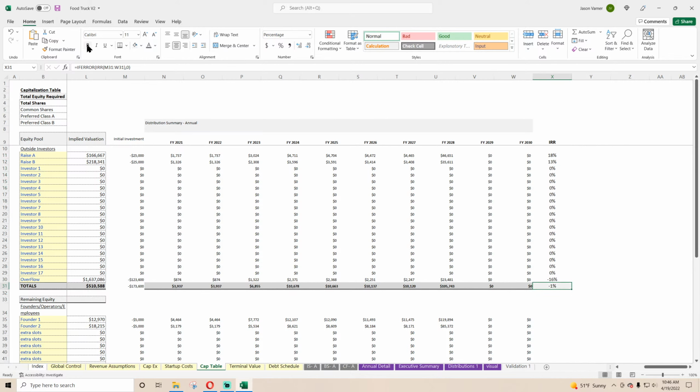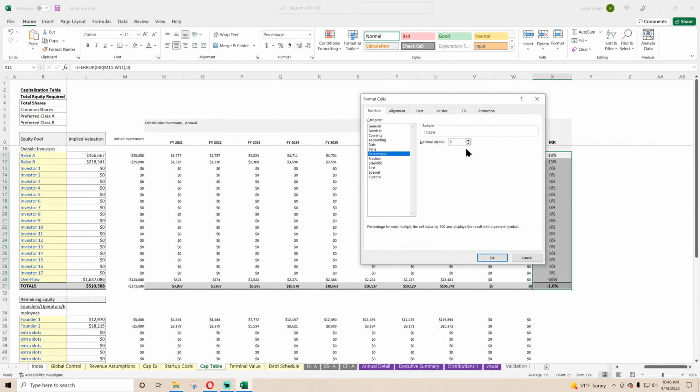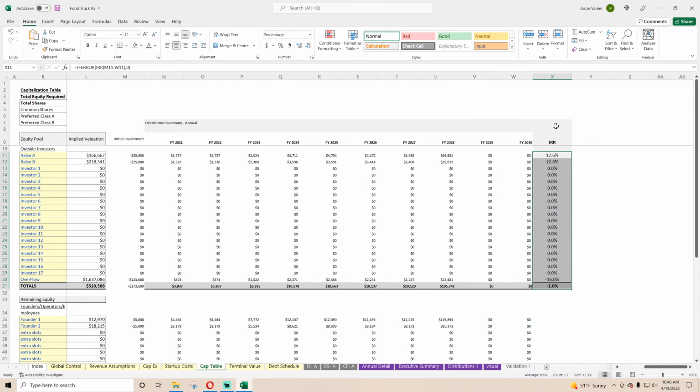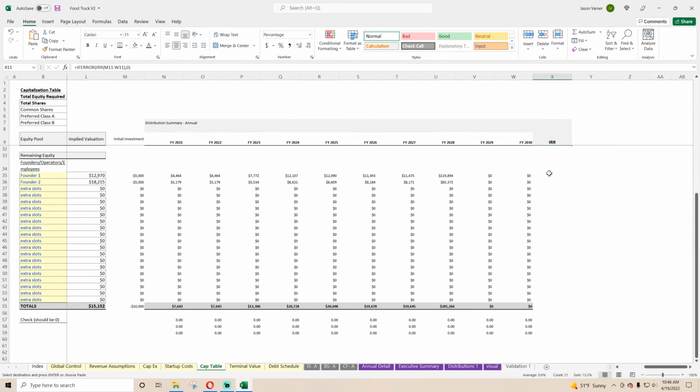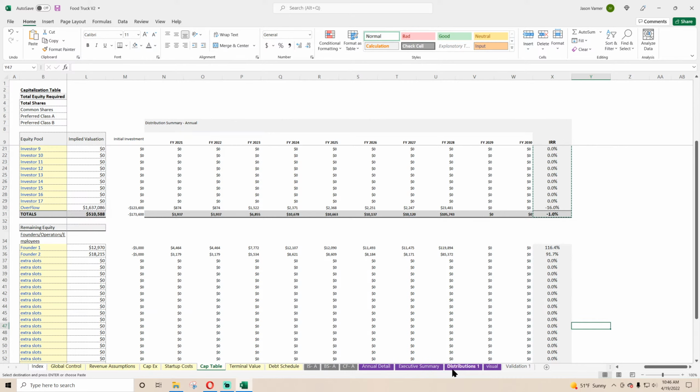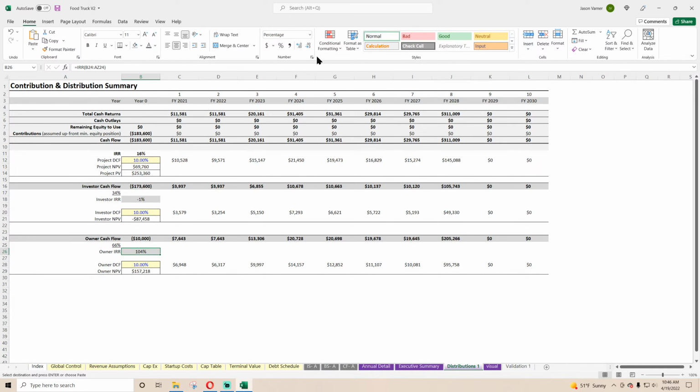I'll give this a little format. Okay. 1042, 1.0. Make sure that matches 104. Yep, -1.